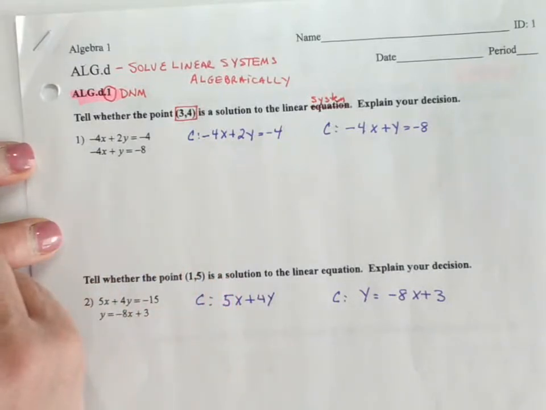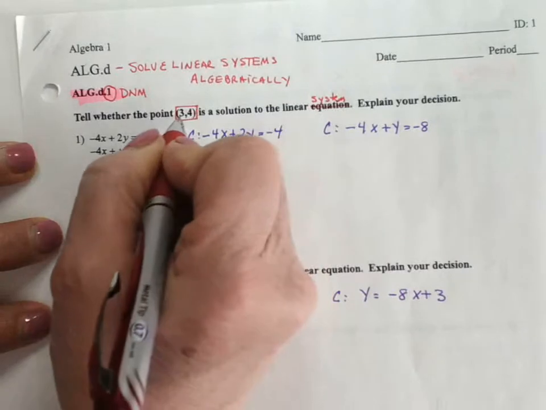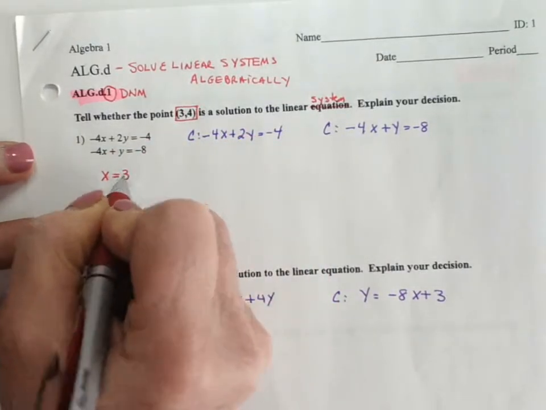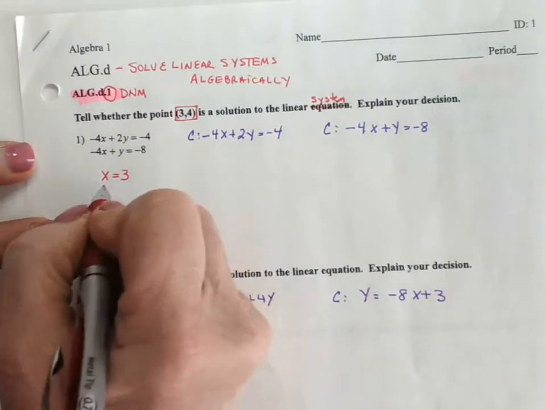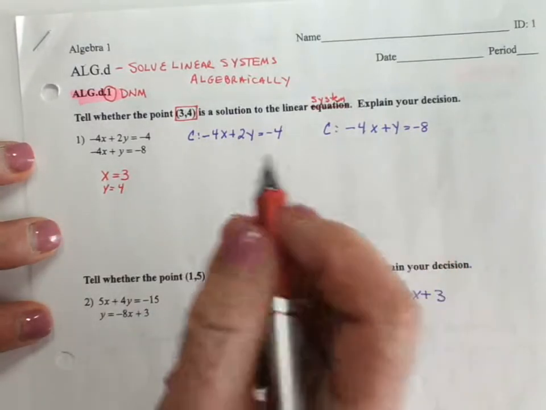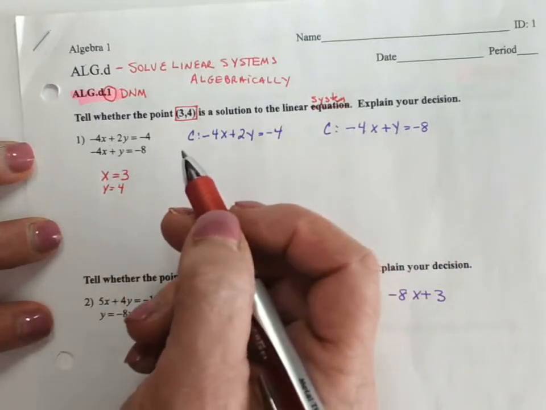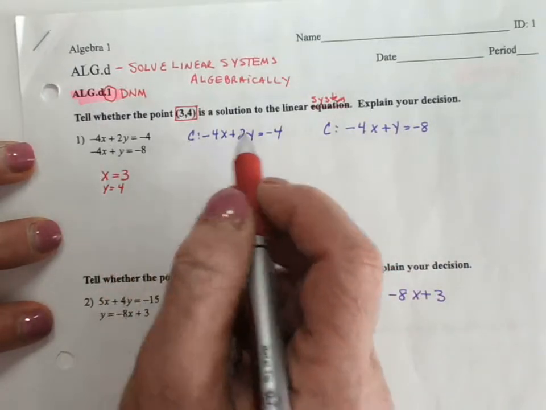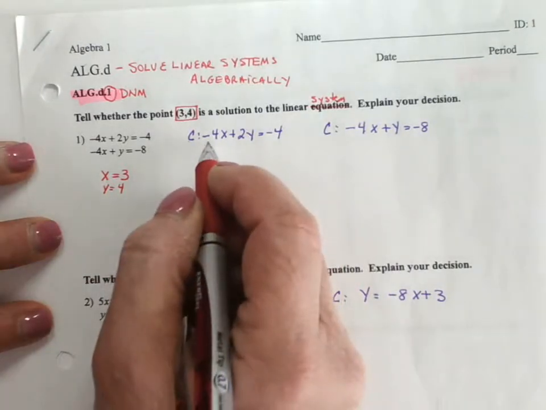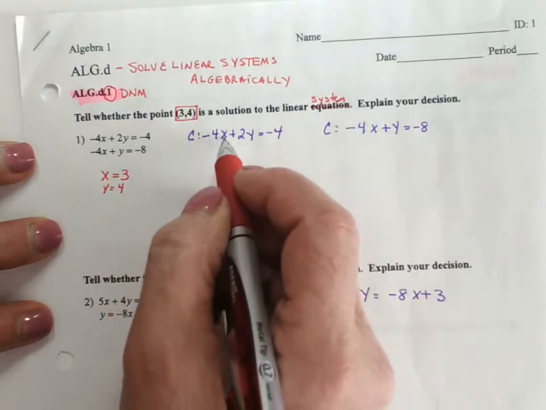What you're going to do is replace x with 3 and y with 4. We have a system of 2 linear equations, so we must check it in both equations. So we simply substitute 3 for x.